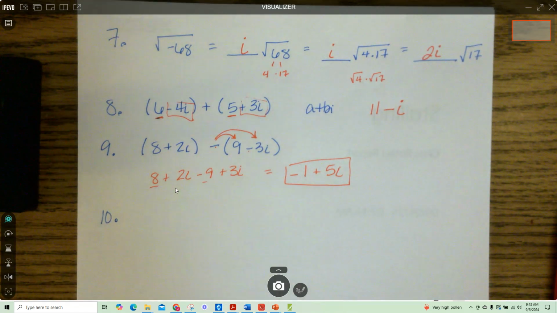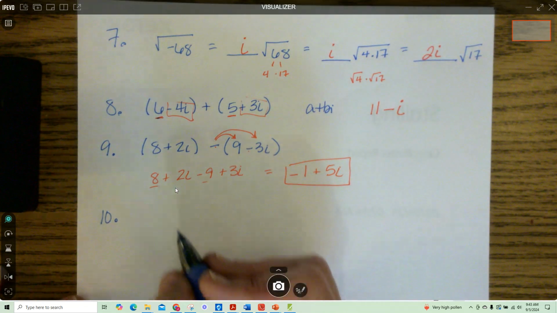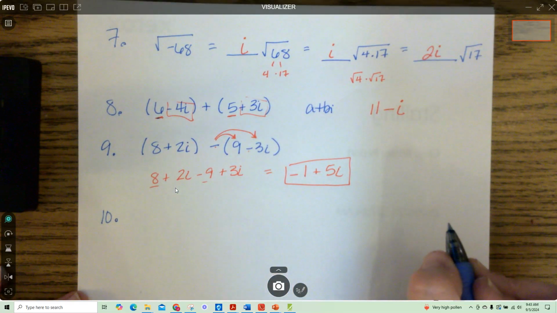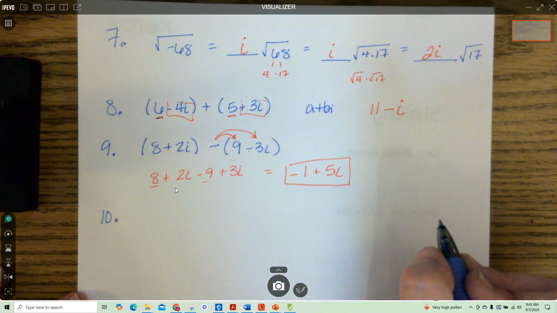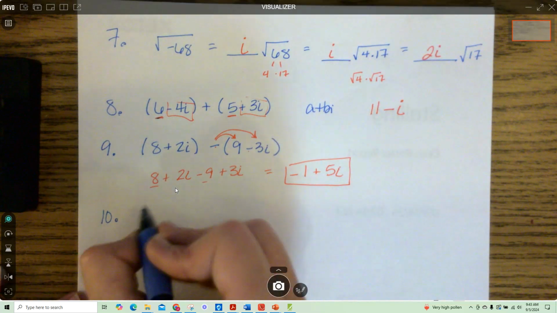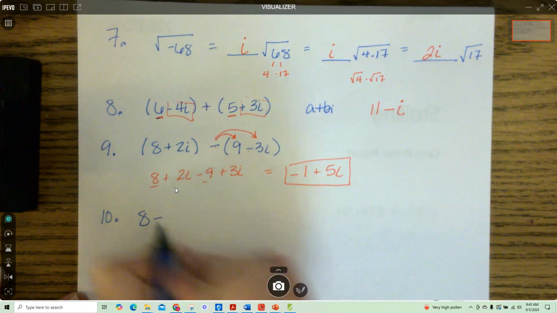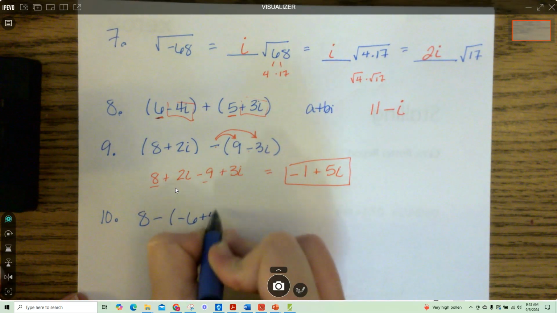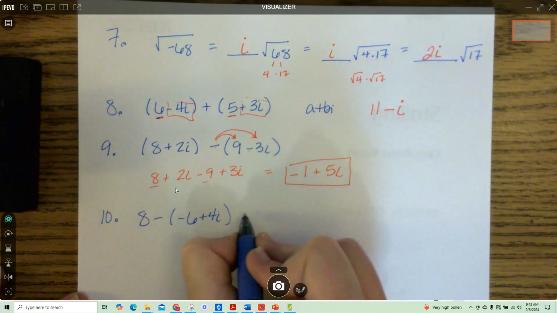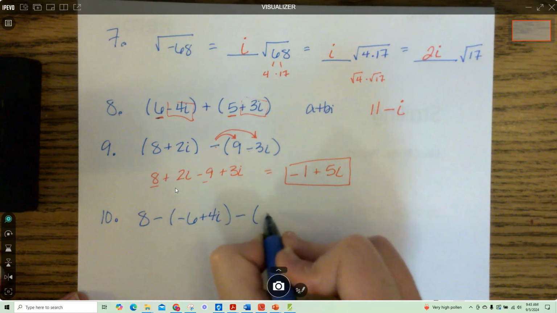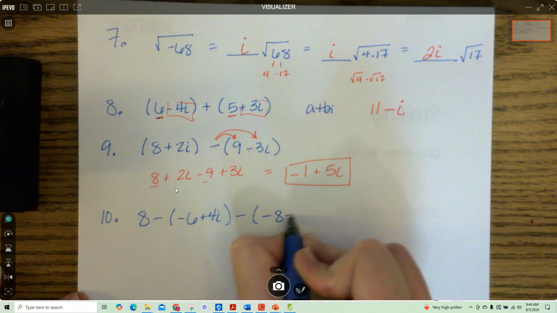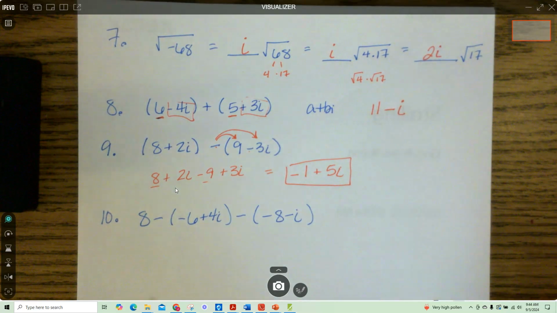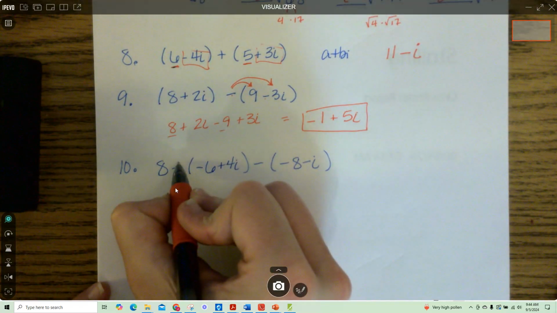All right, Hunter, what's your number 10? 8 minus, open parentheses, negative 6 plus 4i, close parentheses, minus, open parentheses, negative 8 minus i, close parentheses. Okay. So, distribute.